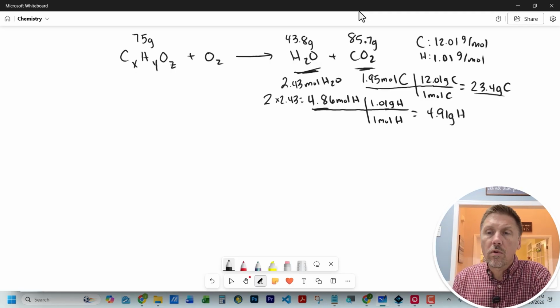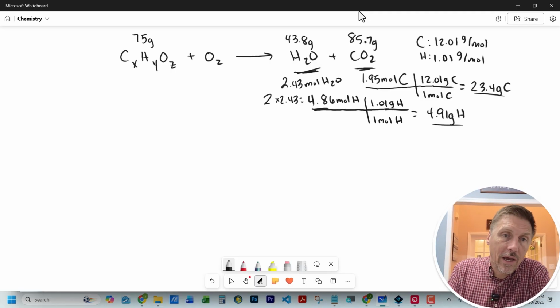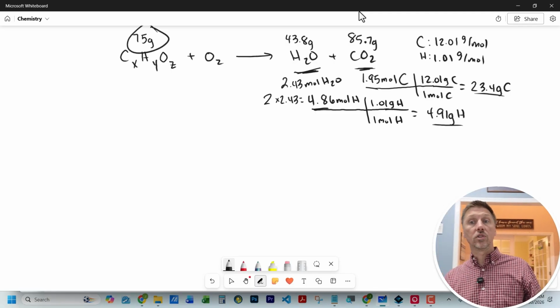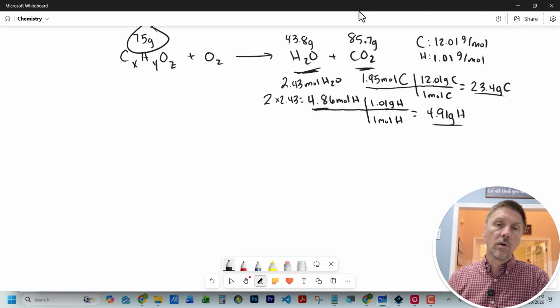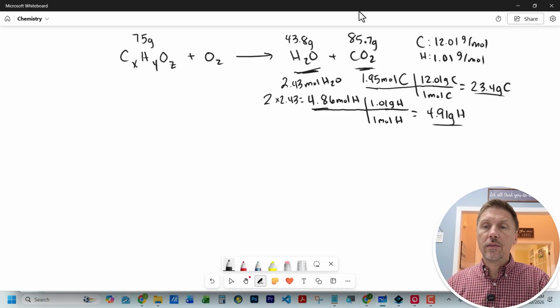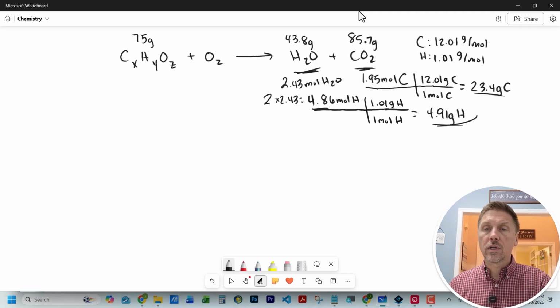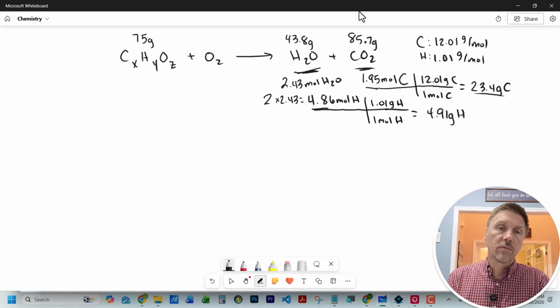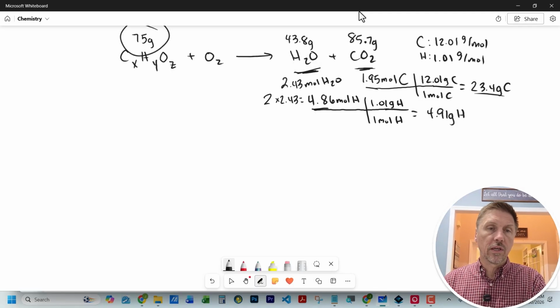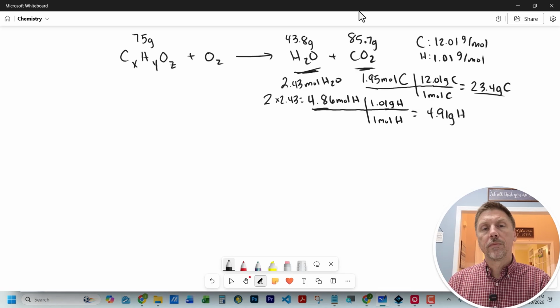Now, 23.4 and 4.91 do not add up to the 75 grams that we started with. So if we add these two values together and subtract them from 75 grams, we get how much oxygen is actually in the initial substance.